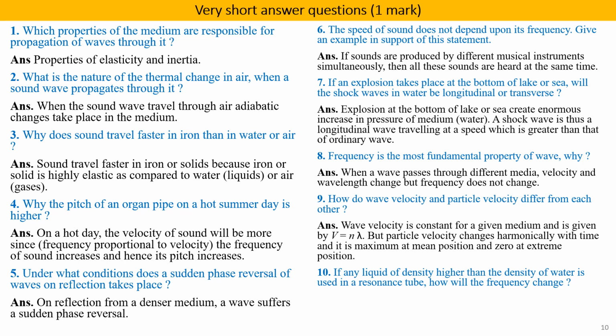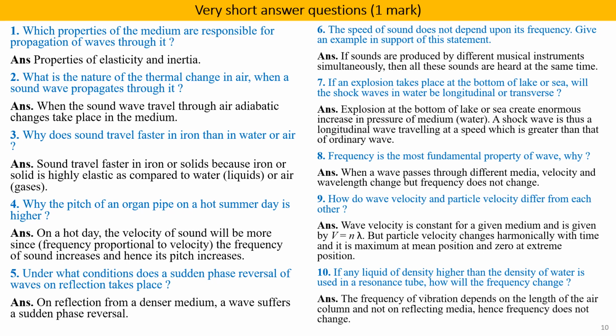If any liquid of density higher than the density of water is used in a resonance tube, how will the frequency change? The frequency of vibration depends on the length of the air column and not on the reflecting media. Hence, frequency does not change.